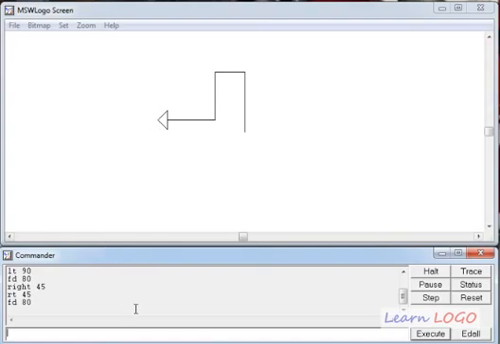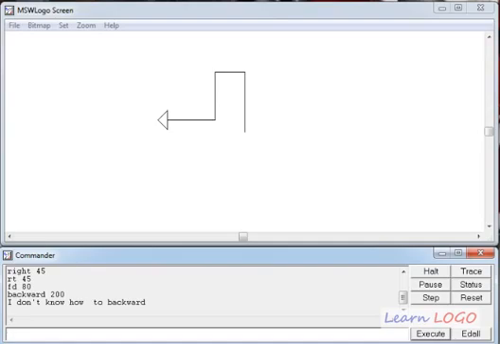And now we have one more primitive, which is backward. This turtle can move backward also. So for that, we can write BACKWARD, and then again we have to tell him how many steps he has to go backward. Suppose if I write 200, enter.